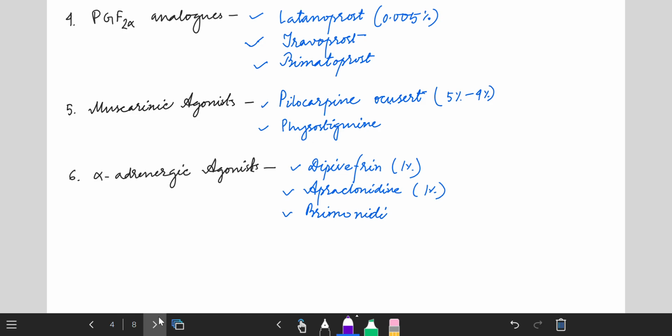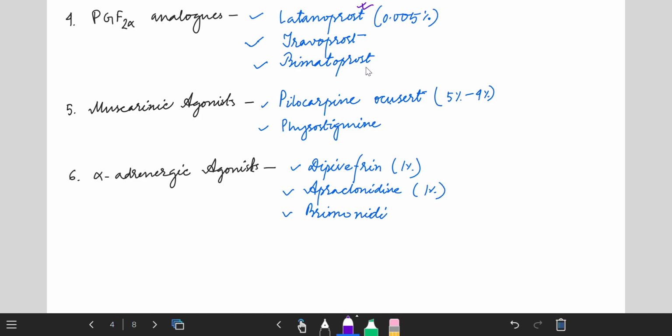Now the fourth classification is PGF2-alpha analog or Prostaglandin F2-alpha analog. First one is Latanoprost, second one is Travoprost and Bimatoprost. Okay, among these, this drug is very much important. Now how do they reduce the intraocular pressure? They reduce IOP probably by facilitating uveoscleral outflow, and they are the drug of choice for open angle glaucoma and acute angle glaucoma.